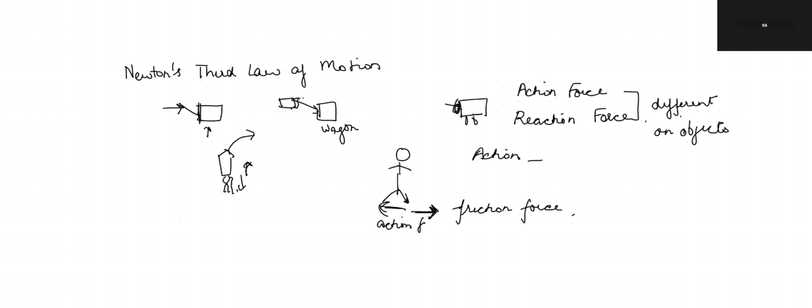When we take a step forward, our foot exerts a force on the ground in the backward direction. And because of Newton's law, the ground exerts an equal and opposite force on our foot. This force is a static friction force from the ground that pushes our foot forward.